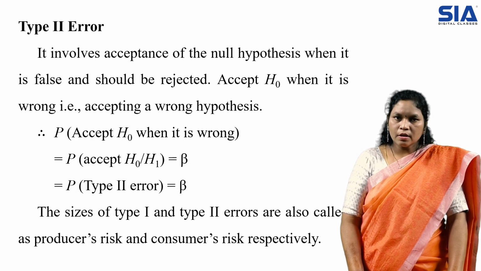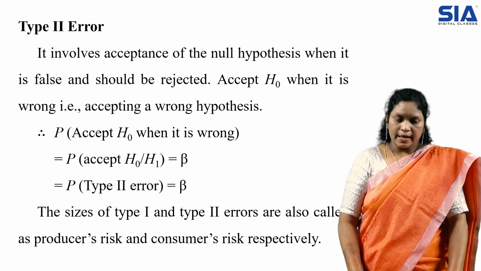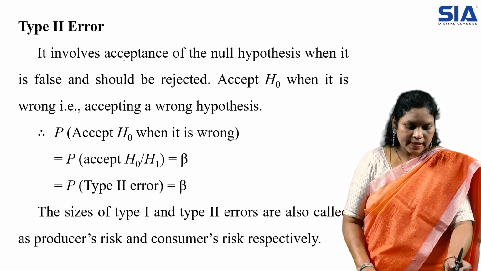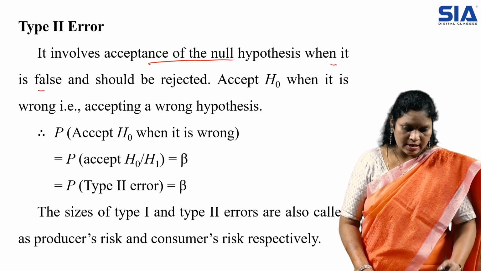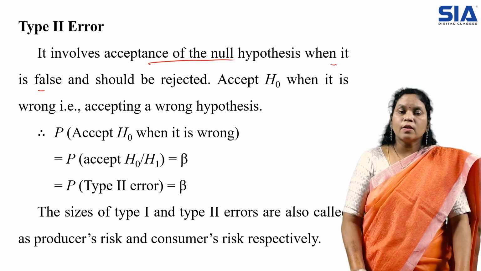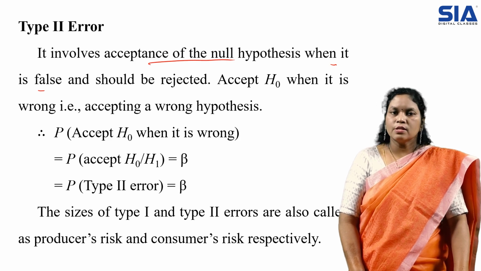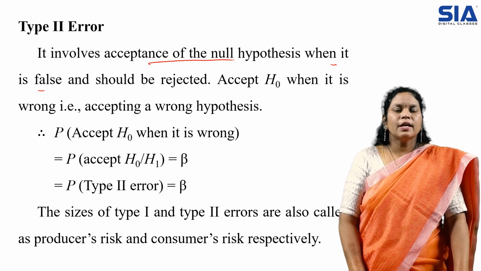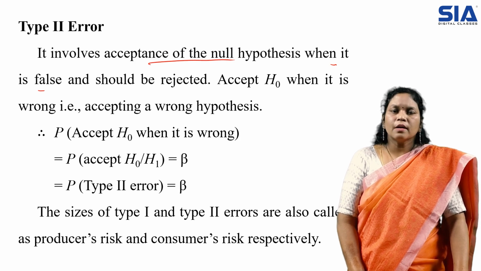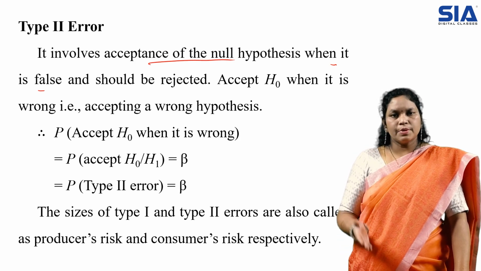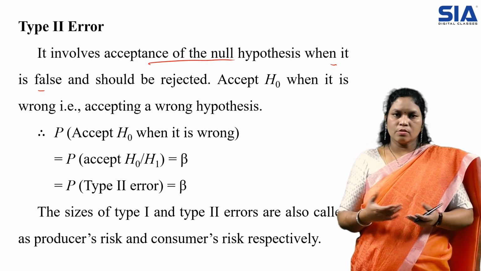Now let us go to type 2 error. How does that error arise? It involves acceptance of the null hypothesis when it is false. Here we have a wrong hypothesis, but we are accepting it. That is also an error, right? Rejecting good data is an error, and obviously accepting bad data, or accepting a wrong product, or accepting a wrong null hypothesis is also an error.